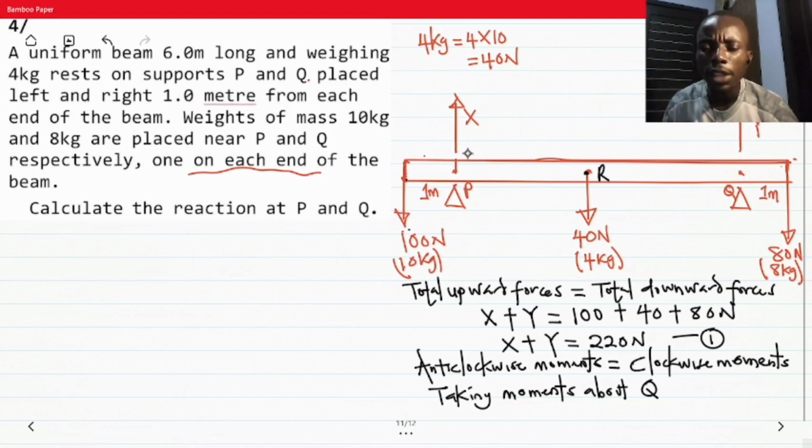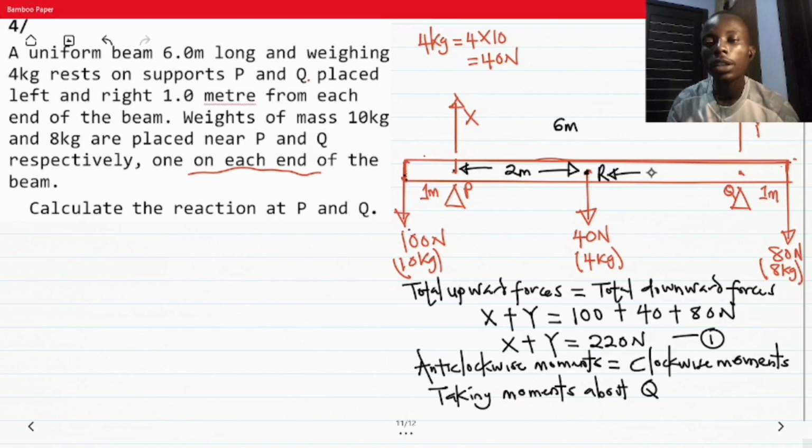I haven't fixed the distances here. The beam is 6 meters, and from here to here is 1 meter, and from here to here is 1 meter, and this is the middle. So from this point to this point is 3 meters, half of 6. Now if I remove 1 from it, what is left is 2 meters. So from this point to this point is 2 meters.